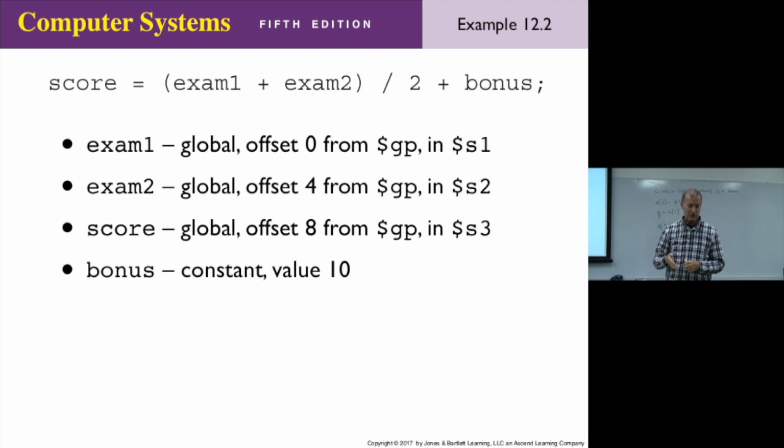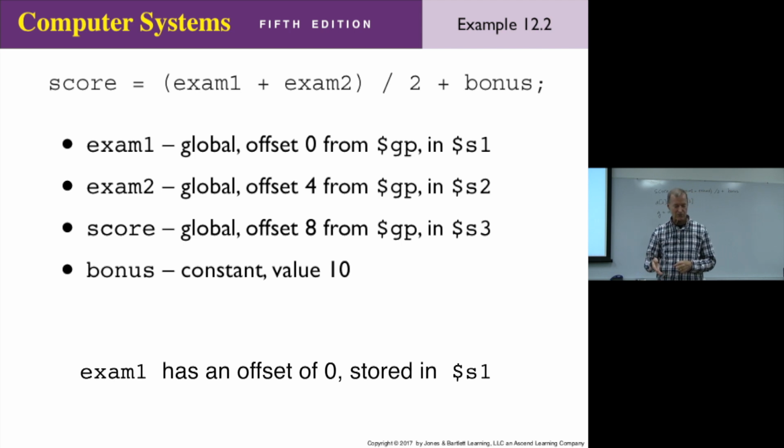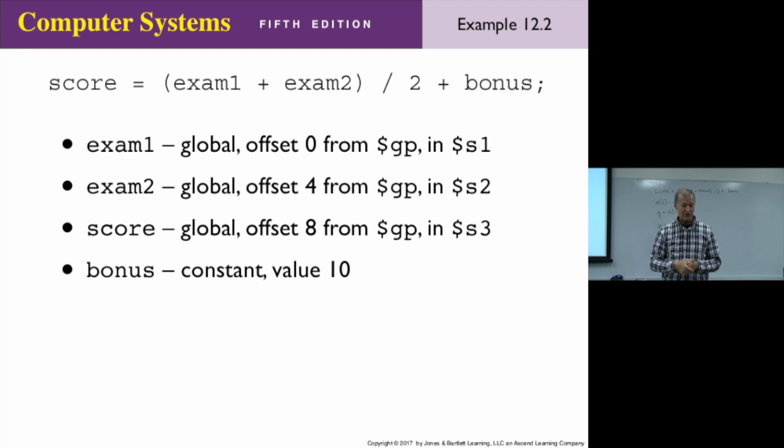Exam 2 is a global at offset 4, and that's in $S2, and exam 3 is a global at offset 8 from the global pointer in $S3. And bonus is going to be a constant value of 10. So the instructor is giving everybody a 10-point bonus on this score. So exam 1 plus exam 2, and then 10-point bonus. And by the way, that's not 1-0 binary, that's 10 decimal.